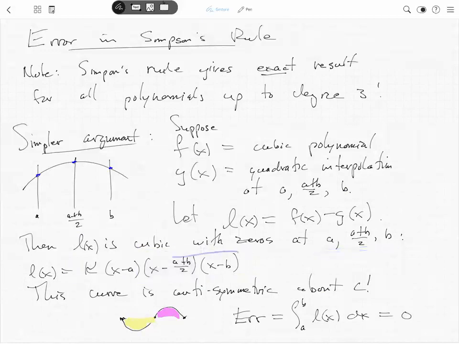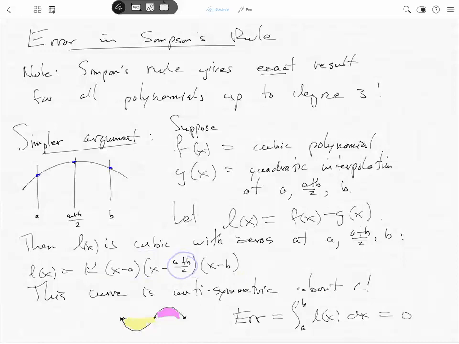Now, here's the interesting thing. Because this number, a plus b over 2, is exactly the midpoint between a and b, any cubic polynomial of this form that takes zeros at evenly spaced points like this will be anti-symmetric about the midpoint. So this function L is actually going to be anti-symmetric about this midpoint a plus b over 2.